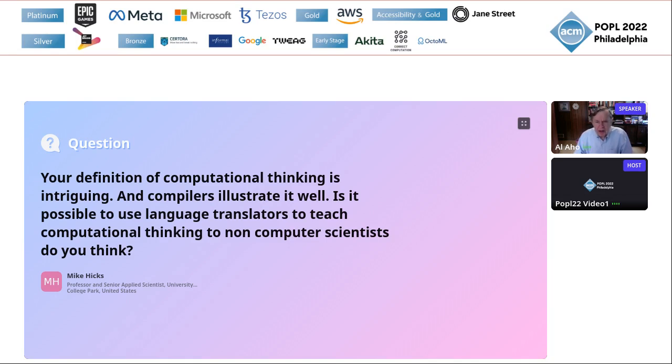Now, as far as using programming language translators to teach computational thinking, I think that's a very good research area, because people are using computer games to try to teach computational thinking, and they seem to be popular in certain circles, that students like learning by solving puzzles or playing games more so than by reading.